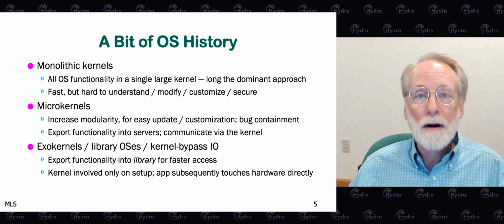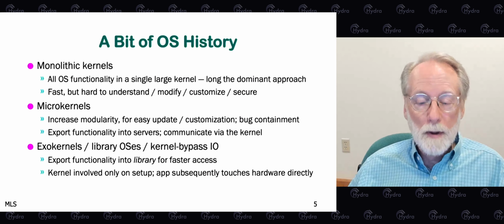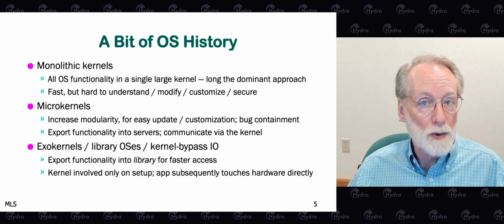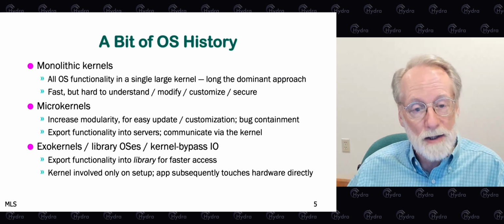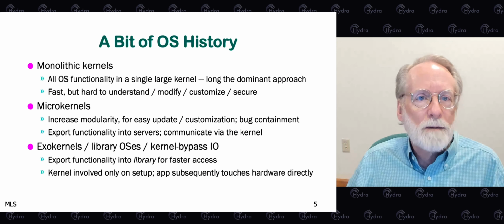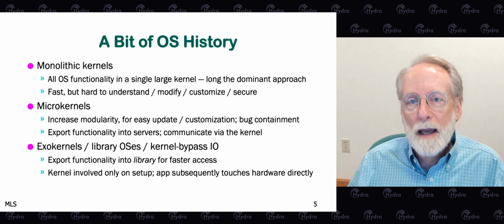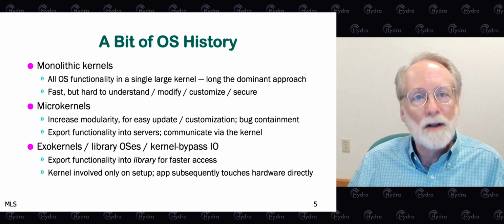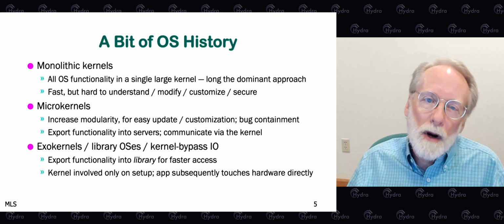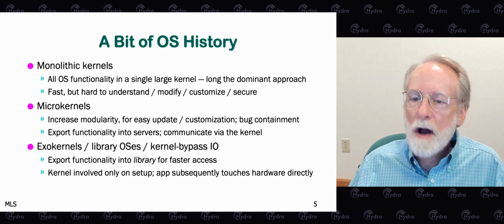And then the library operating system of the application would perform demand paging and virtual memory on top of those physical pages. So in this style of computing, the kernel is involved in setting up access to resources, but subsequently lets applications touch those resources directly, which works fairly well for virtual memory. It doesn't work as well for devices, as we'll see later on in this talk.